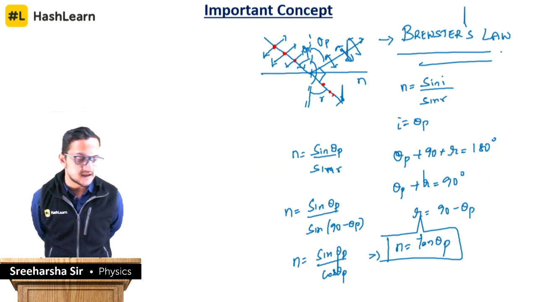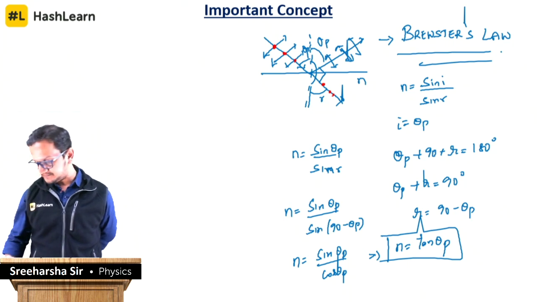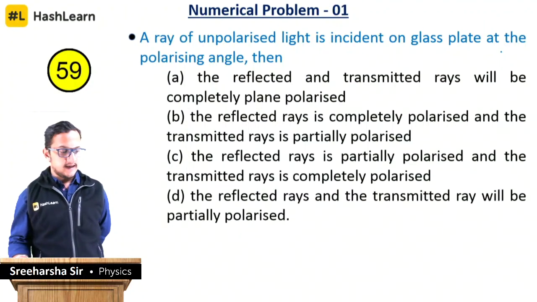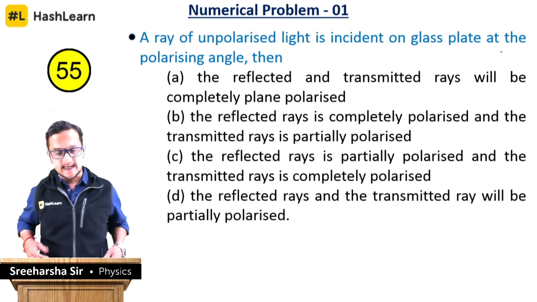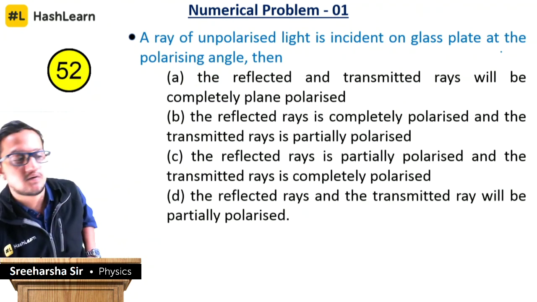So now we have the first problem on the screen. A ray of unpolarized light is incident on a glass plate at the polarizing angle. What will happen?